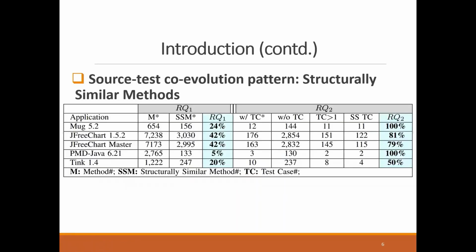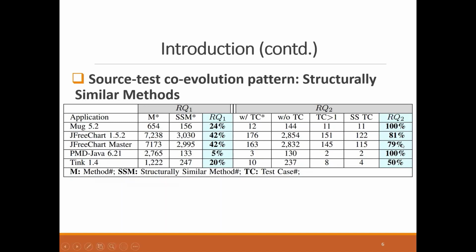We also validated this by applying it to 5 open source applications. For 24% structurally similar methods in application 1, we were able to find 100% of test cases that were structurally similar.